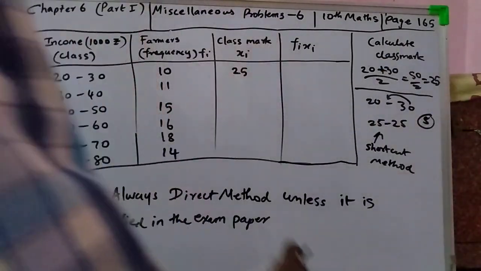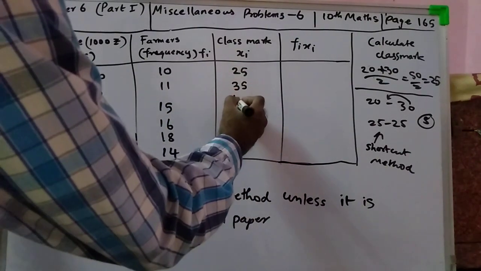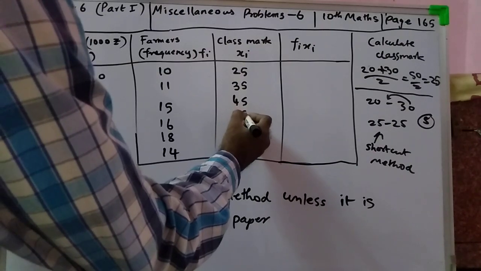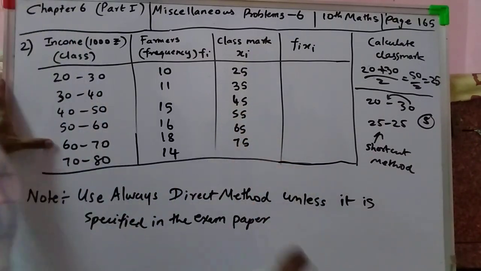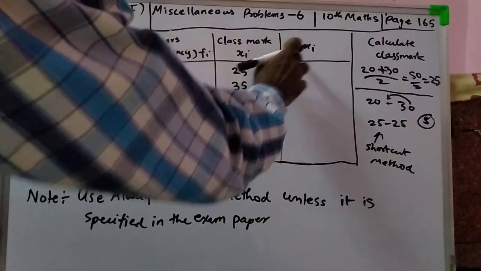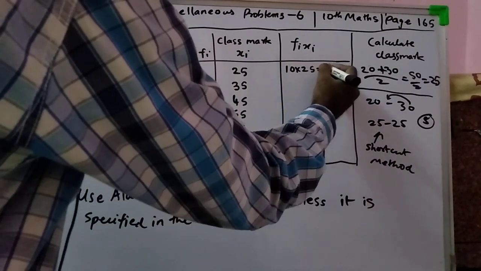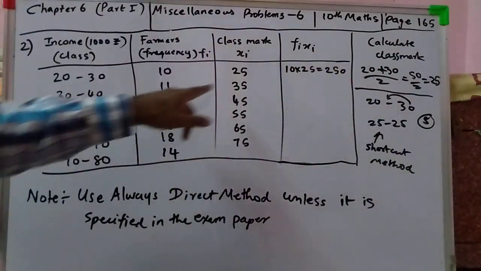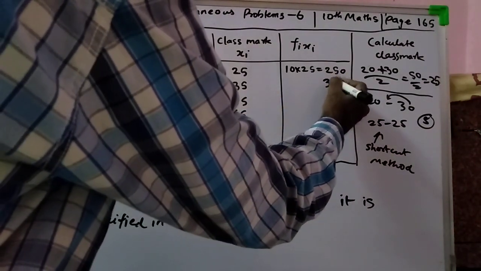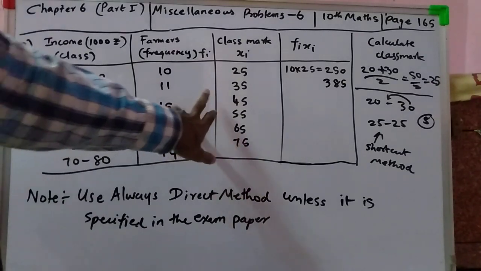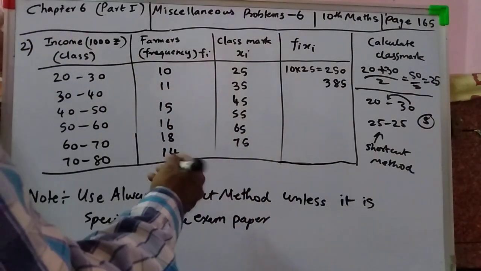Now the next one is 35 for this. It will be 45, 55, 65, 75. Now you have to calculate fi xi. 10 into 25, you get 250. 11 into 35, calculate that, it will be 385. Then 15 into 45. Calculate like that.